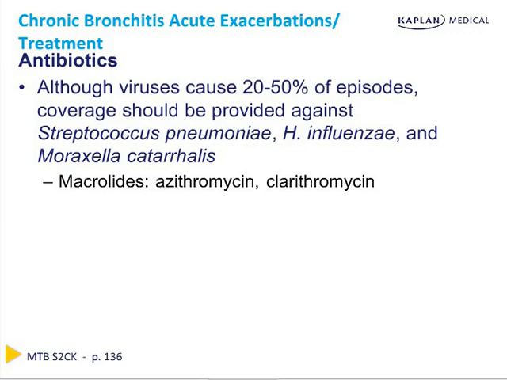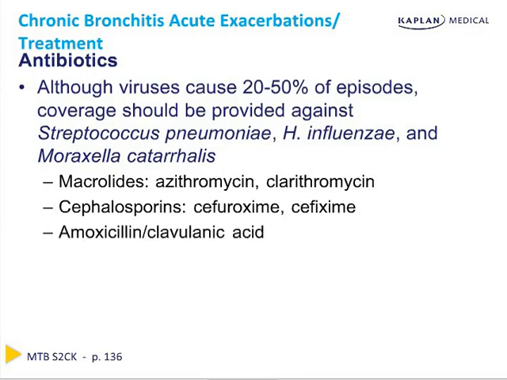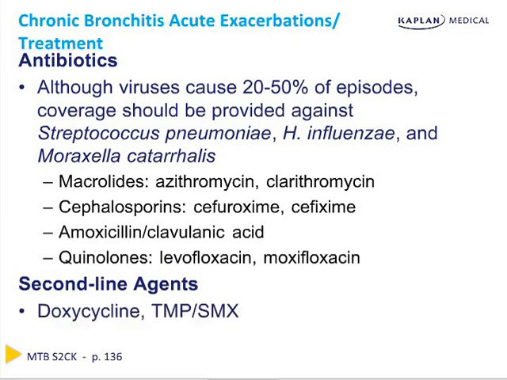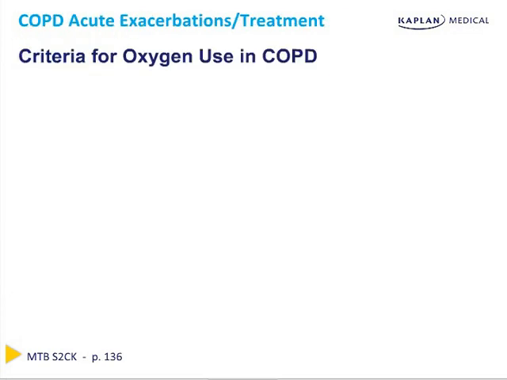Therefore, macrolides, such as azithromycin or clarithromycin, are first-line agents, as are cephalosporins like cefuroxime or cefixime, amoxicillin clavulanic acid, or quinolones such as levofloxacin and moxifloxacin. In terms of second-line agents, for patients who might have an allergy to the above-listed agents, we can use doxycycline or trimethoprim sulfamethoxazole.